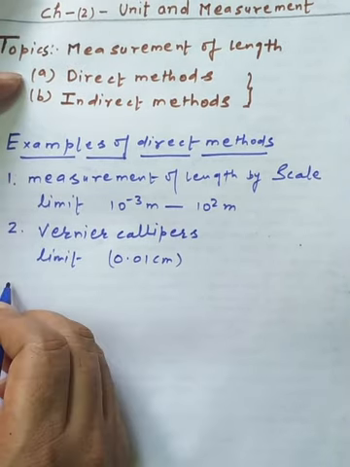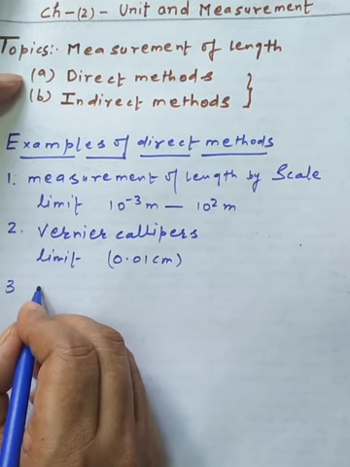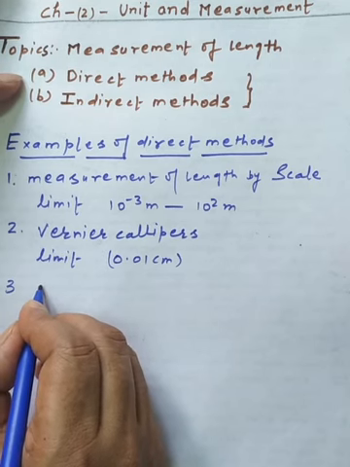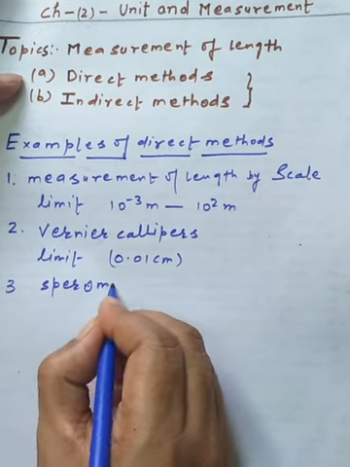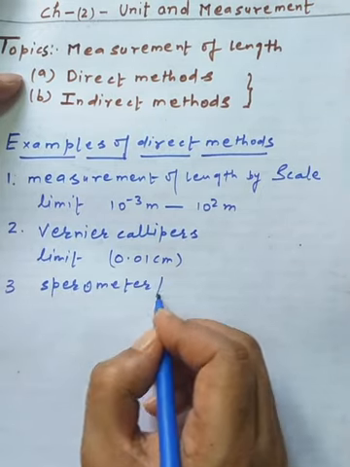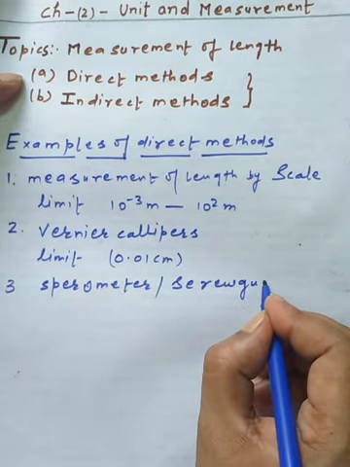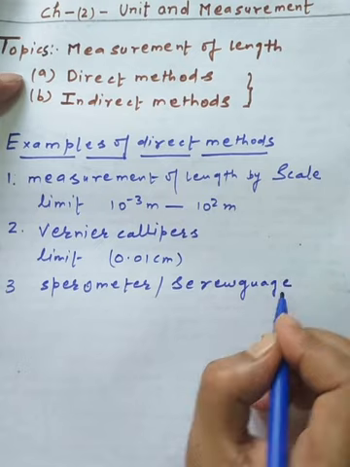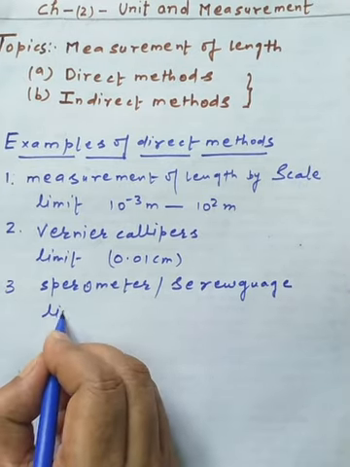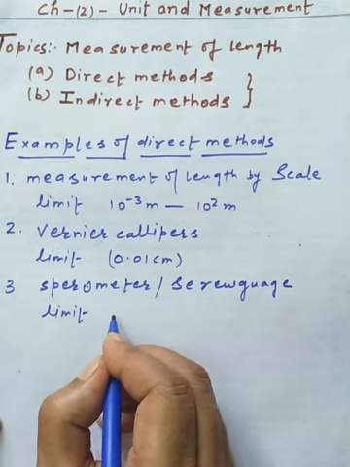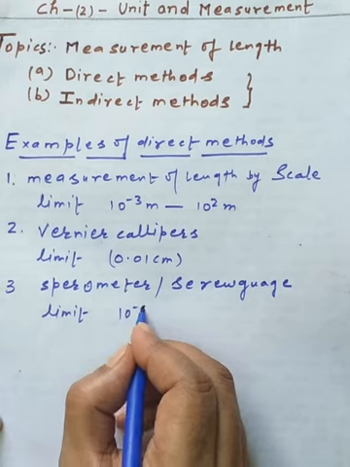Okay, now the third, I am writing the names of two instruments. First is spherometer and screw gauge. Screw gauge has a limit up to 10 to the power minus 5 meter.